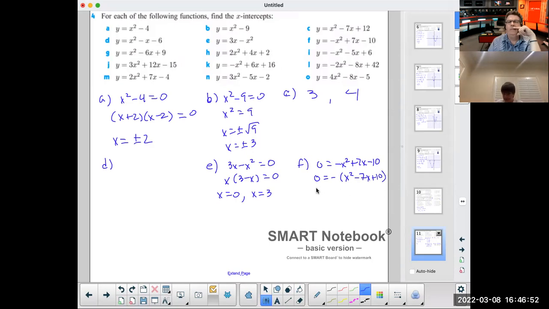Well, the negative doesn't matter. All I need is one of the factors to be 0. So x minus 5, x minus 2, right? This is a -1 right here. You good? Yeah, that's what I got. Cool.